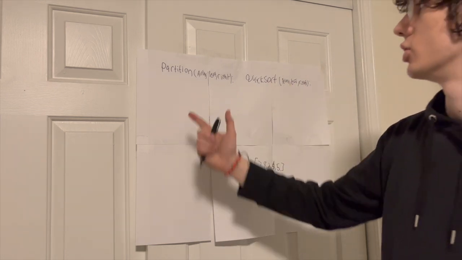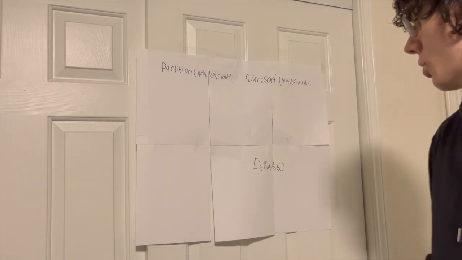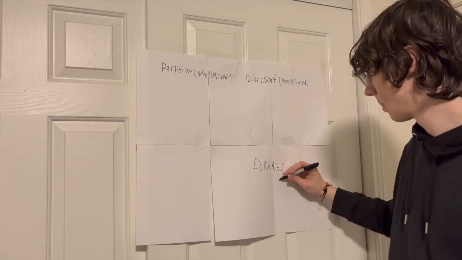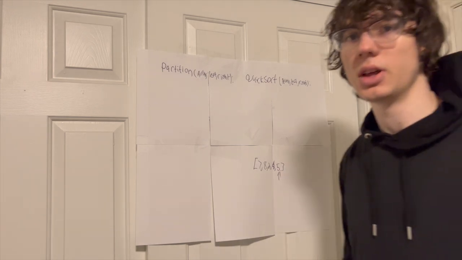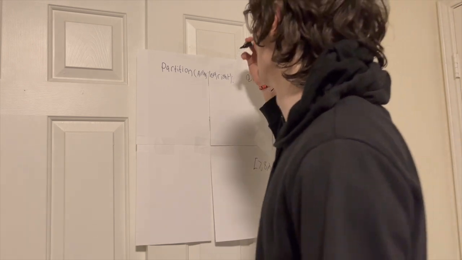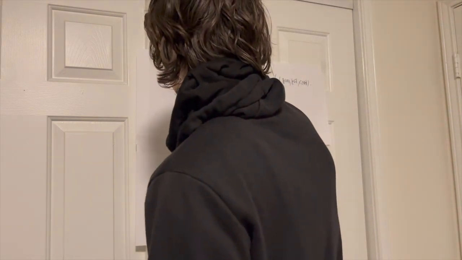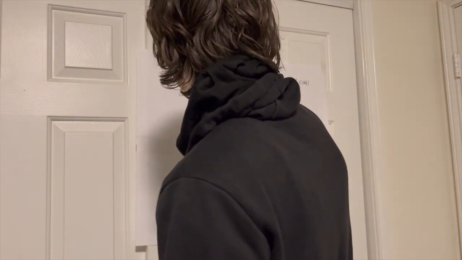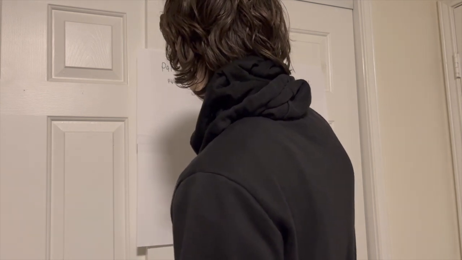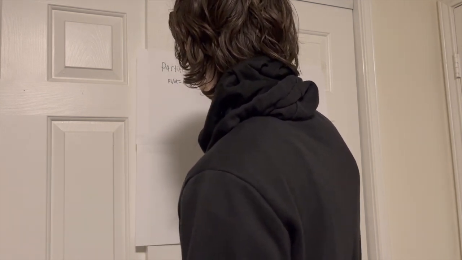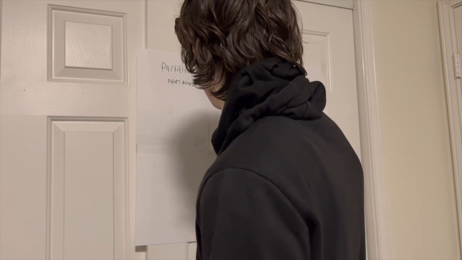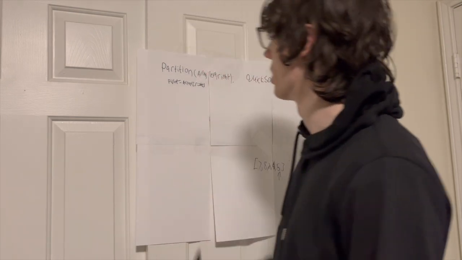Now partition. The first thing we want to do with the quicksort function is define the rightmost index as our pivot. So we'll say pivot equals array right.